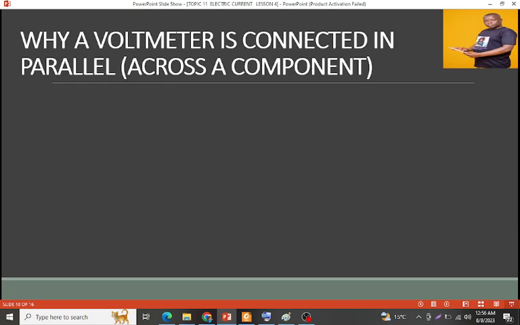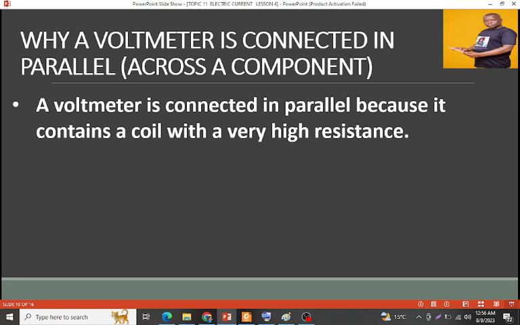Why is a voltmeter connected in parallel? In other words, why isn't a voltmeter connected in series? You may face that question in an exam. Why do we connect a voltmeter in parallel and not in series? We connect a voltmeter in parallel or across a component because it contains a coil with a very high resistance.